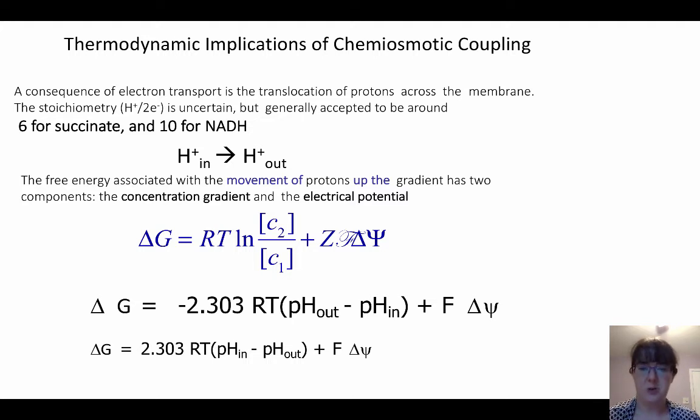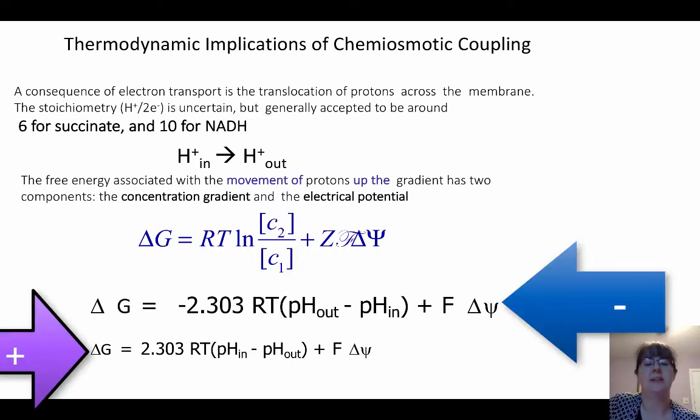Now, as you look at these equations, notice that we've got 3 different equations here, and they all look different. But what I'm going to show you is that they're actually all the same. One thing I want you to notice is that of the 2 below, one has a positive sign and one has a negative sign.